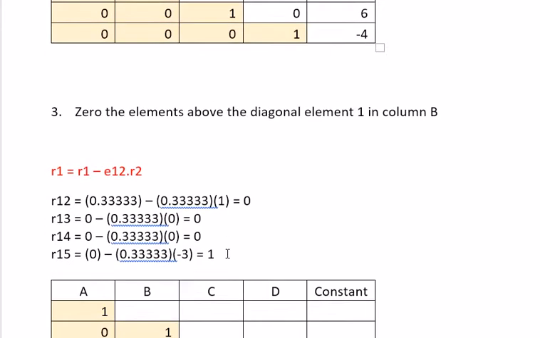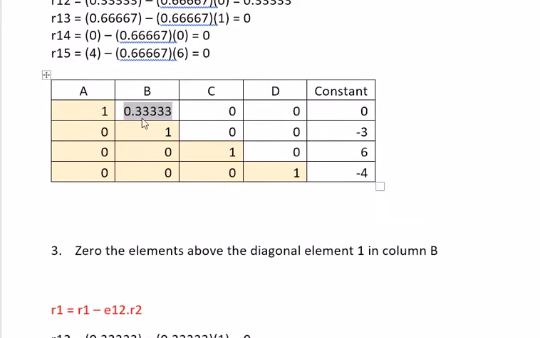So in order to make this element into 0, we will apply the formula R1 is equal to R1 minus the element in row 1, column 2, times the value of R2. The pivoting point will be the one here, so that will be R2.